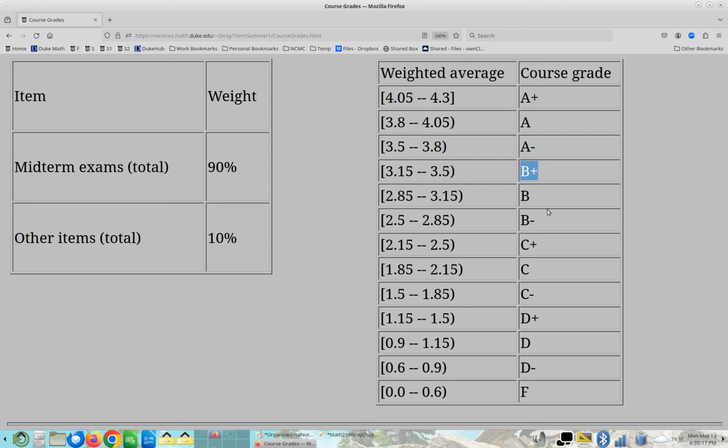Right, the defining values of those letter grades. So if you get a 3.16, that falls into this bin.